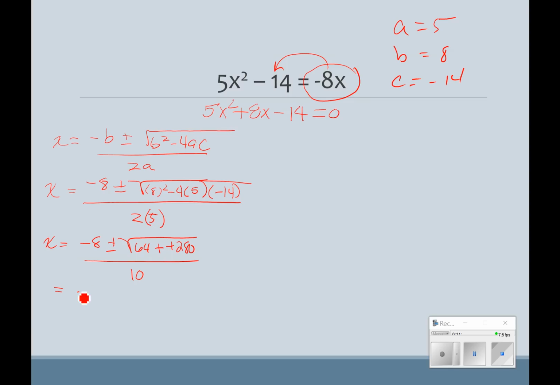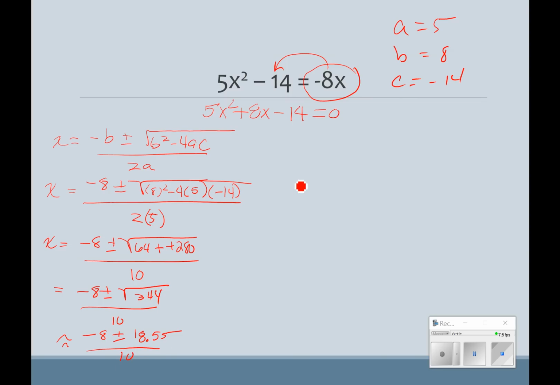So I get negative 8 plus or minus the square root of 344 divided by 10. If I take the square root of 344, it's not going to give me a whole number. It's going to give me this really long decimal. So we're going to say it's approximately negative 8 plus or minus 18.55 divided by 10. I'm just going to take it out to the hundredths.